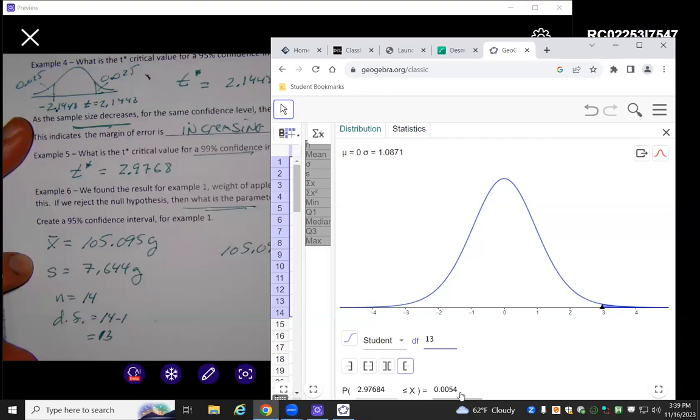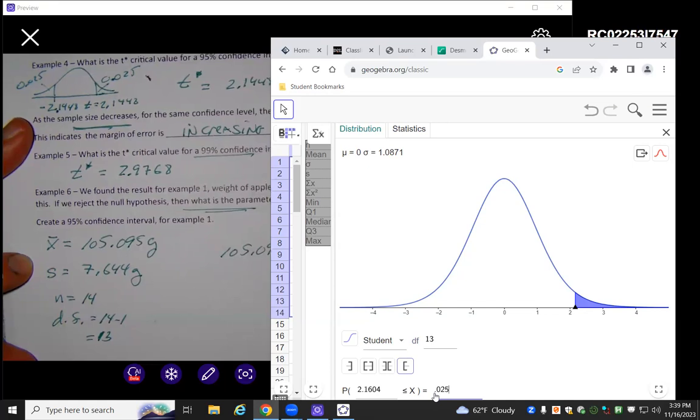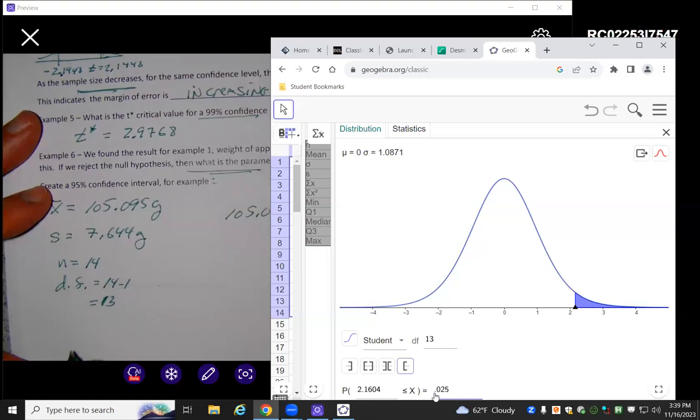So that means that this side here is going to be, and again, you have to do this every single time, 0.025. And I see this value is the t critical, 2.1604. Okay. All right. And again, what is the edge? I guess there's no name for this. This is where naming conventions really help.